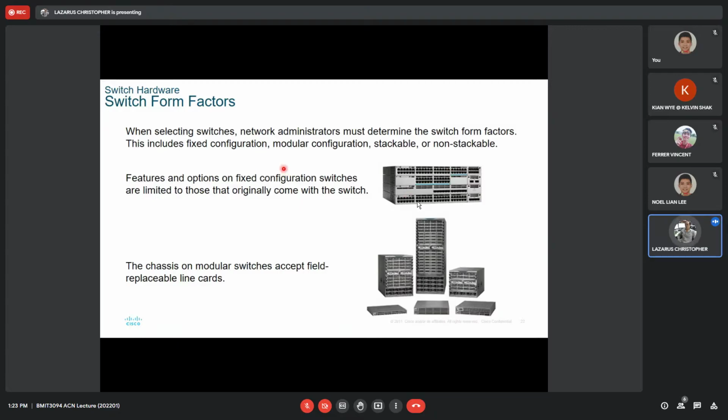So perhaps because of budget, you chose fixed configuration switches, coupled with the fact that in the near future, for the duration of the lifespan of that particular switch, you're not going to need to increase the size of your network, increase the number of hosts.